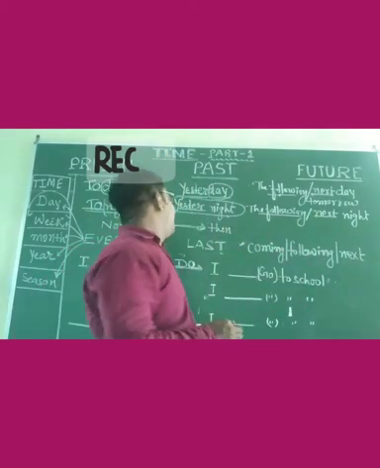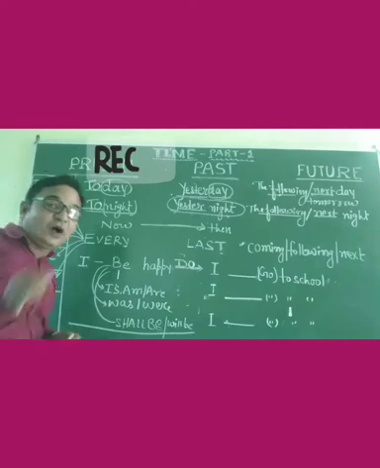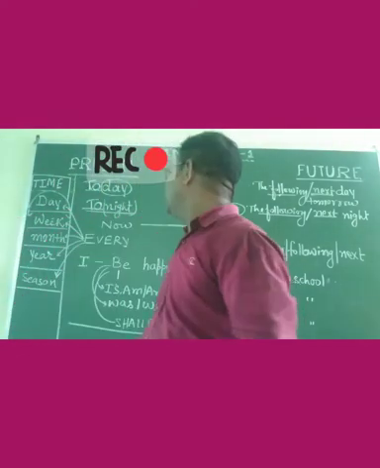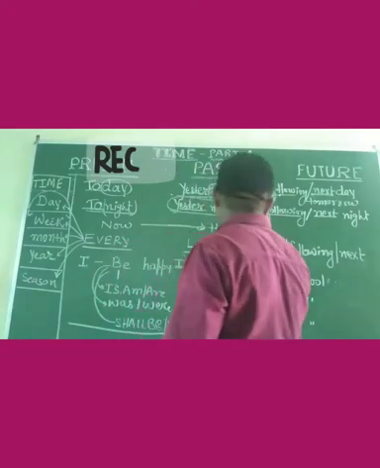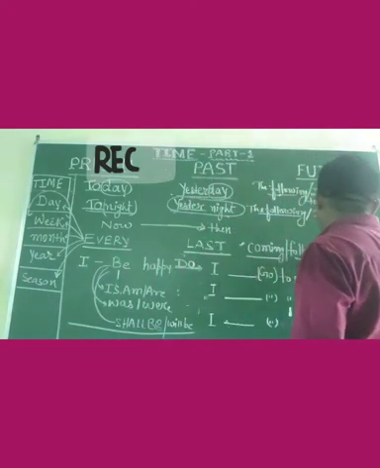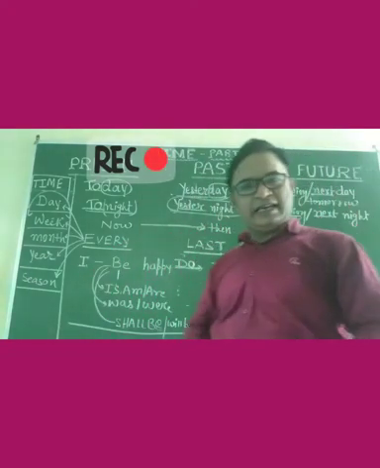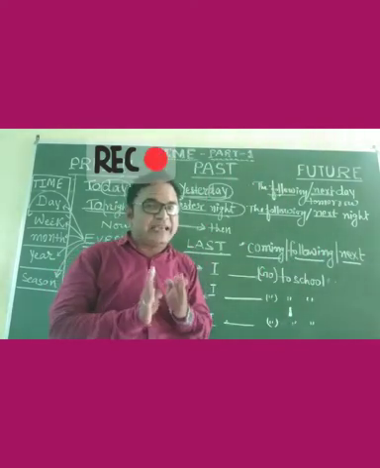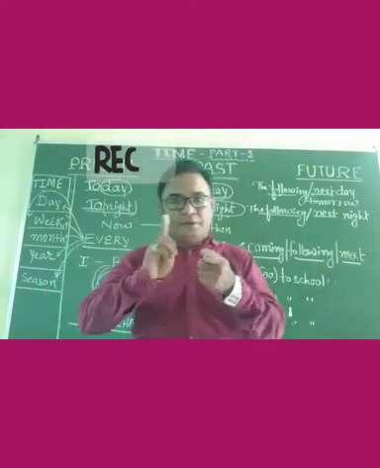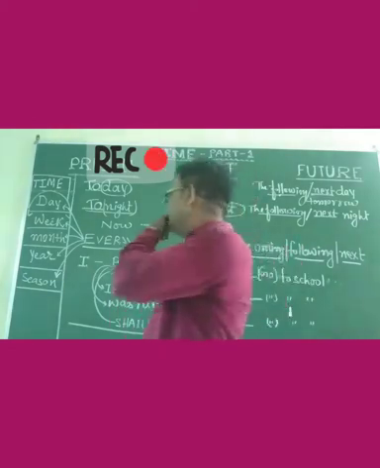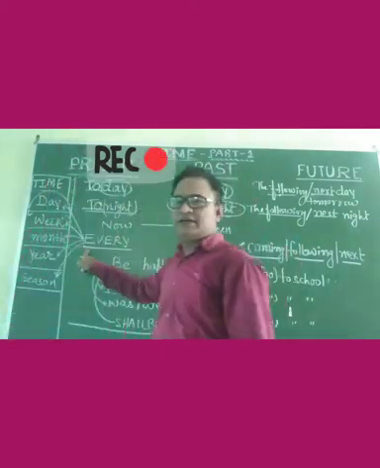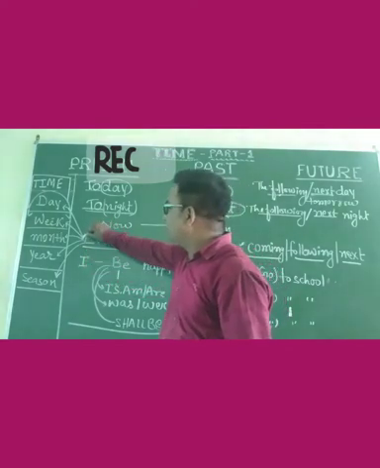Now, we shall talk about how every, last, coming, following and next are used while making time for present, past and future. See here. For example, you are watching here every, and you are watching what?